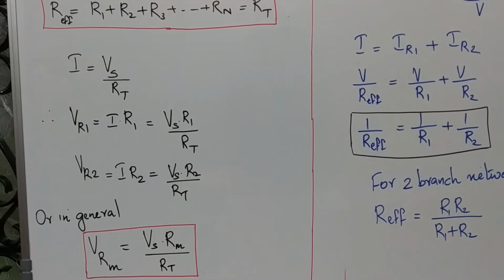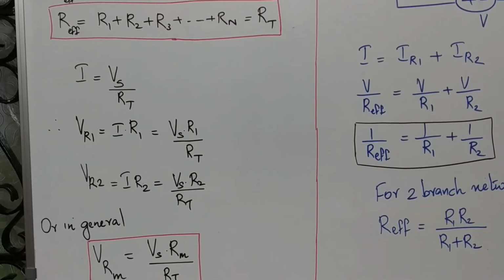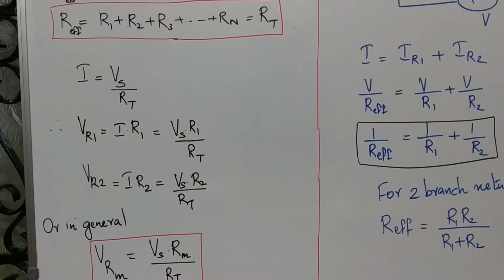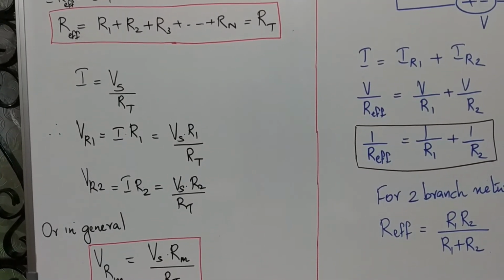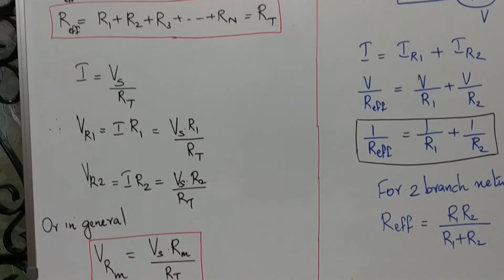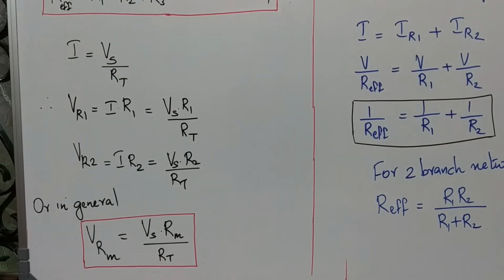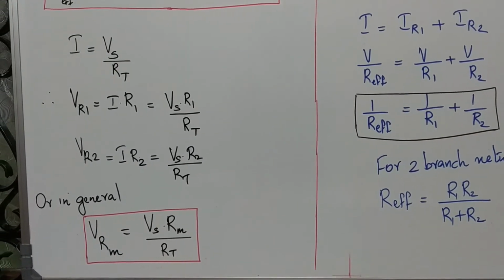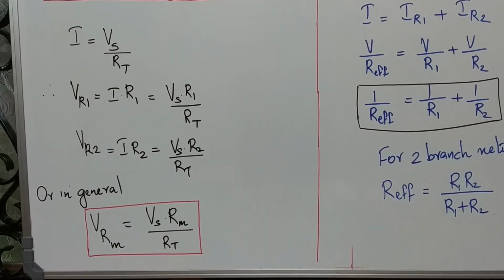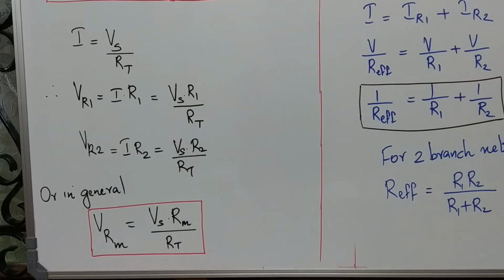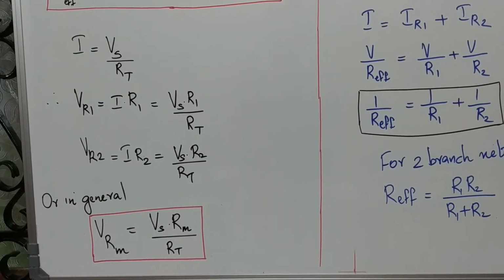When various resistors are connected in series, the voltage drop across any one arbitrary resistance, say Rm, can be written as VRm equal to total voltage applied into that particular resistance by sum of resistances. That is VRm equal to Vs into Rm by RT. A very important equation.